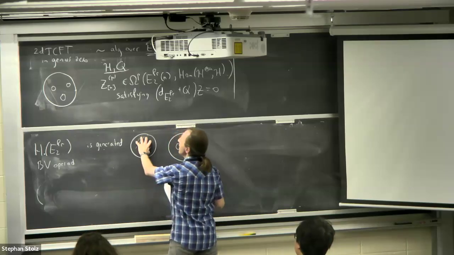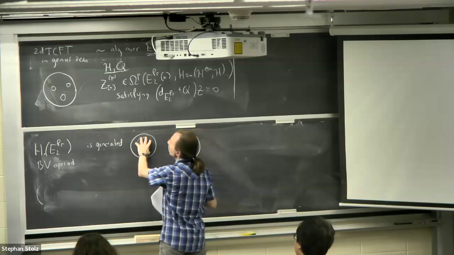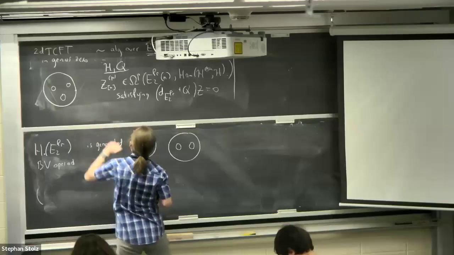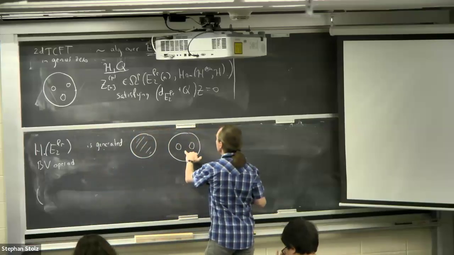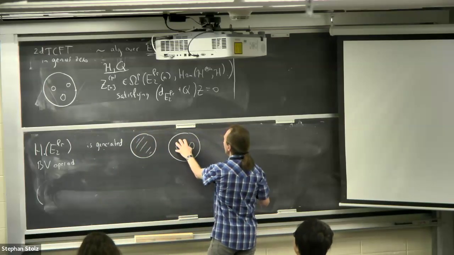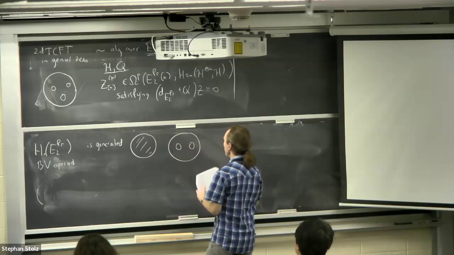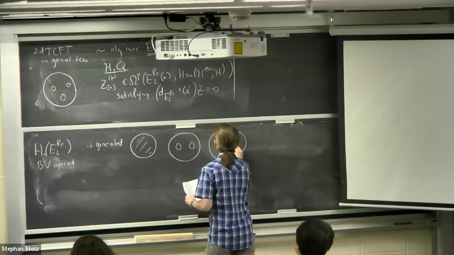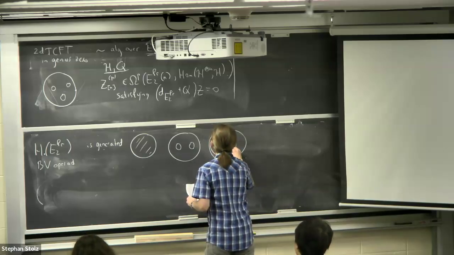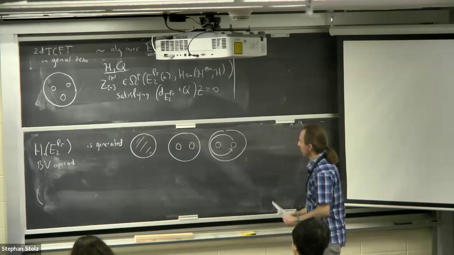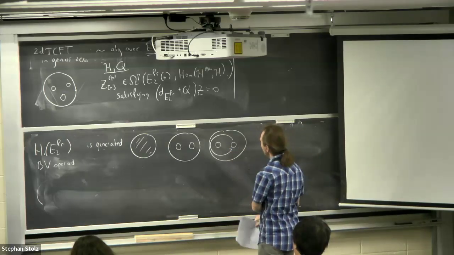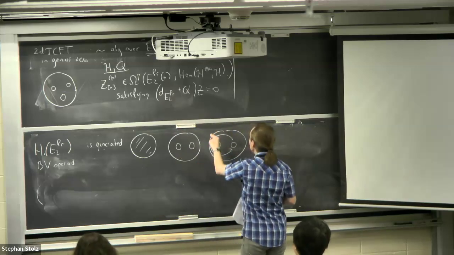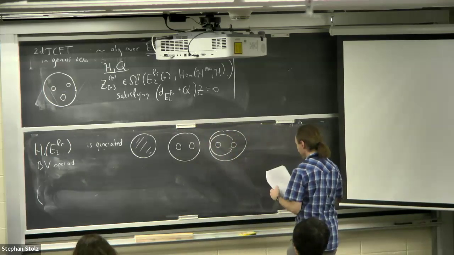This represents a zero cycle in the n=0 component of this operad, the trivial one. This is a zero cycle corresponding to having two disks cut out which are not moving, and this represents a one cycle in the component of the operad with two disks cut out, where one disk is running around the other disk.